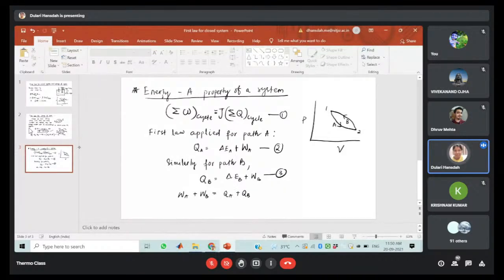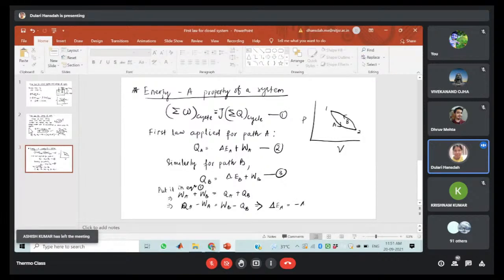So if you are rearranging this equation, this will be QA minus WA is equal to your WB minus QB. So this equation will yield delta EA is equal to minus delta EB.